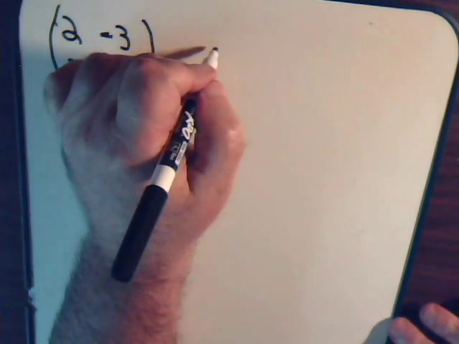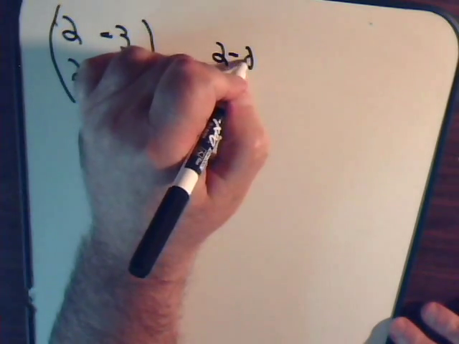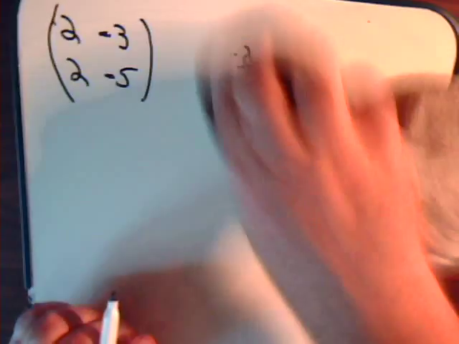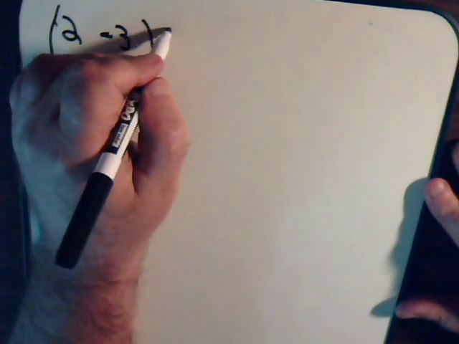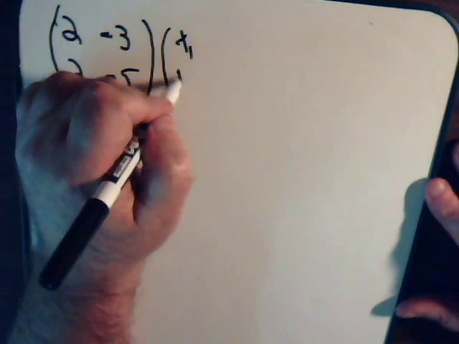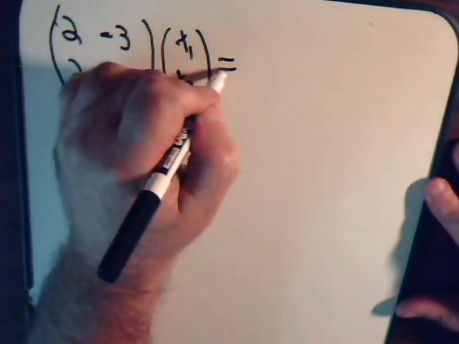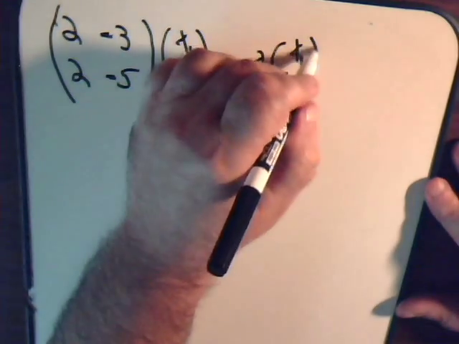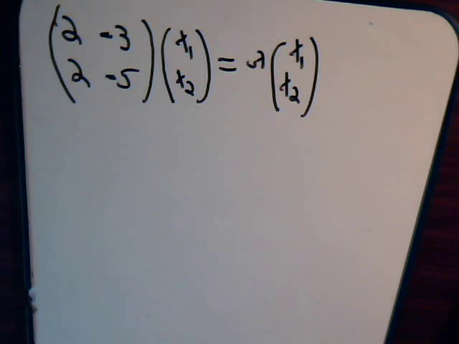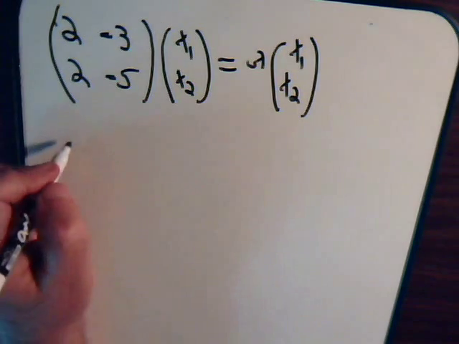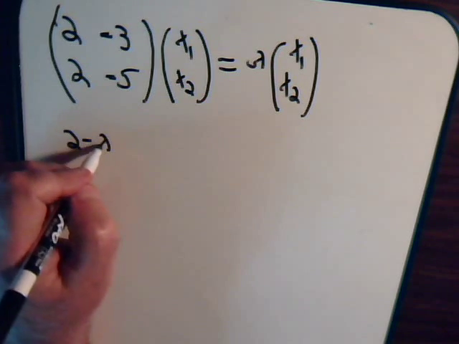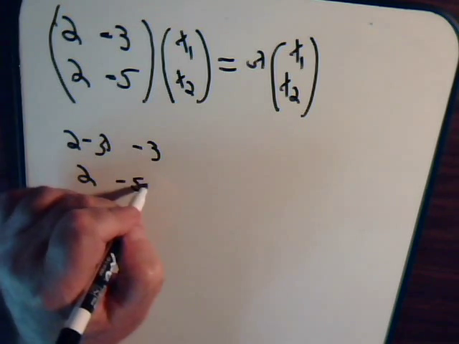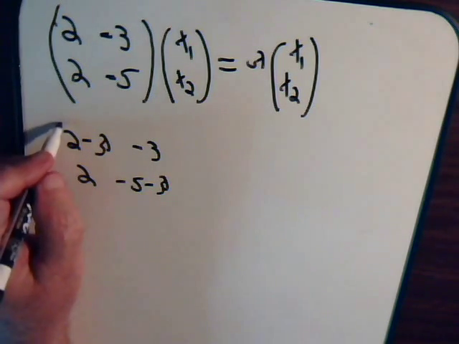We say, well, we have to form this new matrix. This is our matrix here, and we want to find its eigenvalues and eigenvectors. The way you get that is you take our original matrix and subtract lambda from the diagonal elements, just as we did in the two preceding videos.